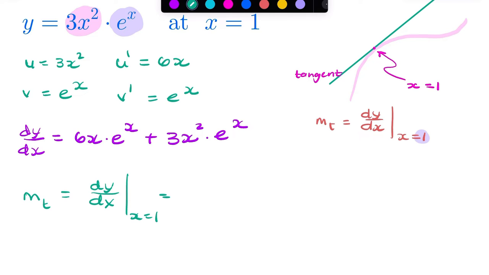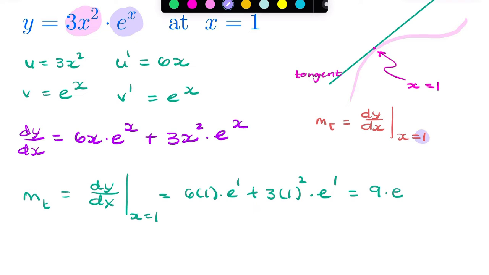So it's 6 times 1 times e to the power 1 plus 3 times 1 squared times e to the power 1. So that looks like it's 6 plus 3 is 9 times e.